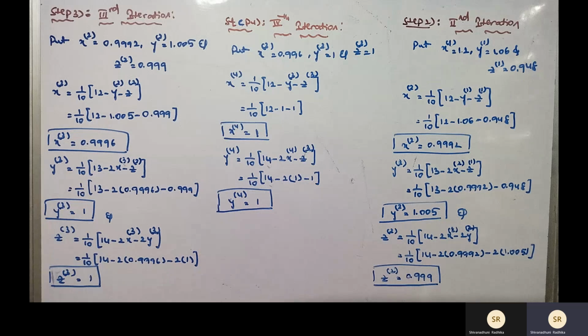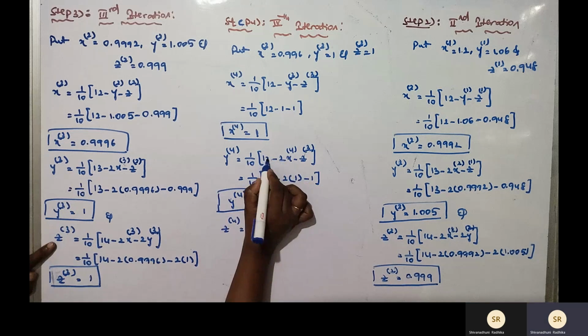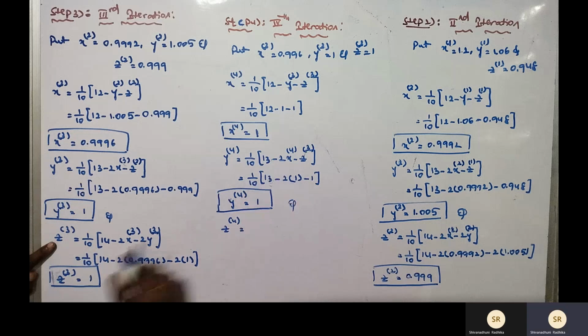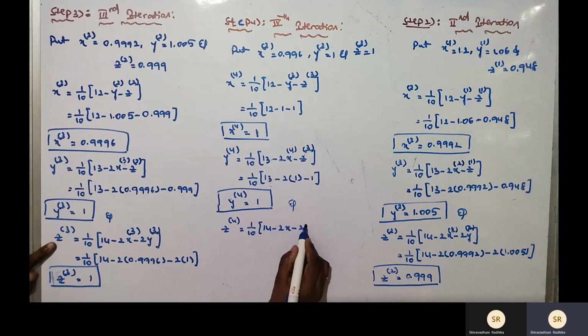Now, all the values are completed except the Z. Here we are going to find the last, Z fourth approximation. For the Z, 1 by 10 into 14 minus 2x minus 2y.